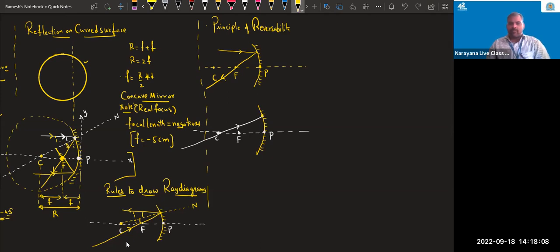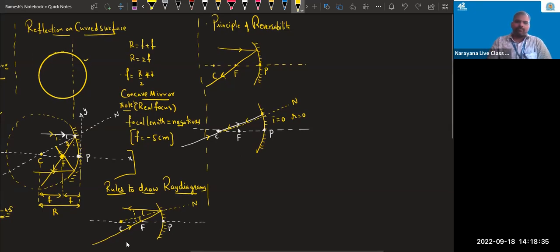At this point of incidence, the normal line also must pass through the center of curvature. So what is the law of reflection? The angle of incidence here is 0, so the angle of reflection also must be 0. In which path will it travel? In the same path it will bounce back. Correct or not? That is another rule.